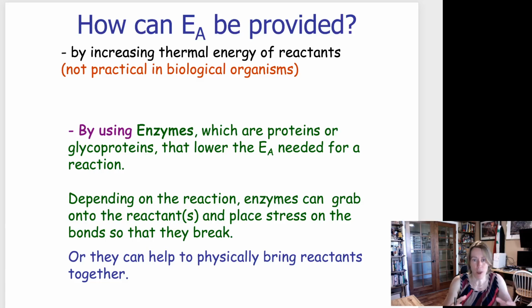Or if it's a reaction where you're trying to stick two things together, they can actually take the two things you're trying to stick together and push them together so that they more easily can make that bond between themselves. So enzymes can help both breaking down reactions and building reactions. They just make the activation hump that you have to get over lower so that your body temperature is sufficient.